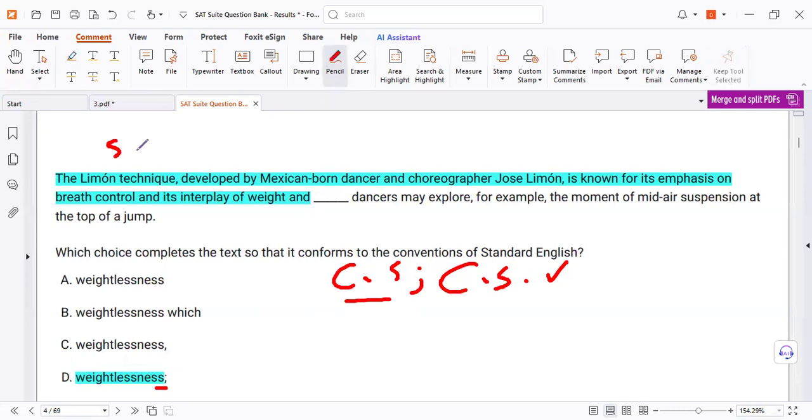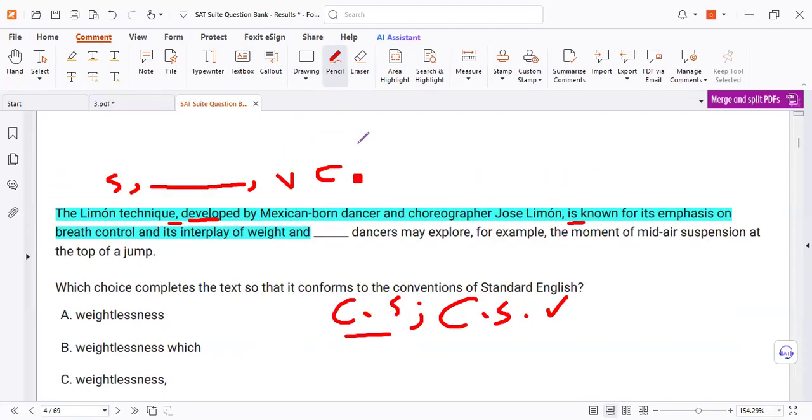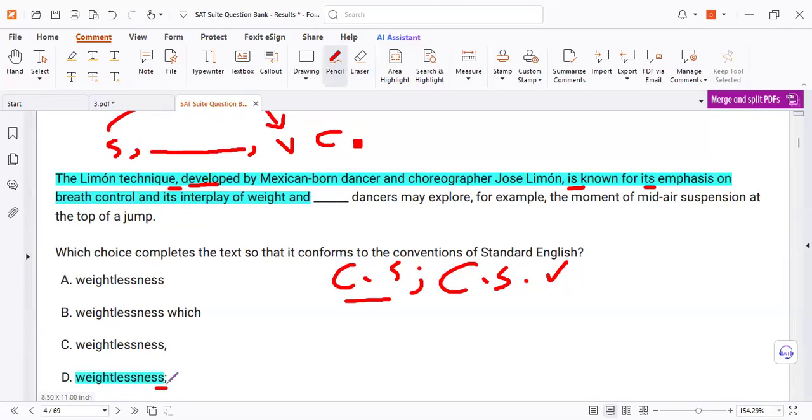You will find subject, comma, and then non-essential information using a past participle phrase, comma, then the verb, and then complements to the end. Is that the structure correct? Yes, but check. Do we have agreement in meaning and in structure? So the technique is known for its, yes. To the end, to the semicolon, we don't have any mistake. So before, complete.